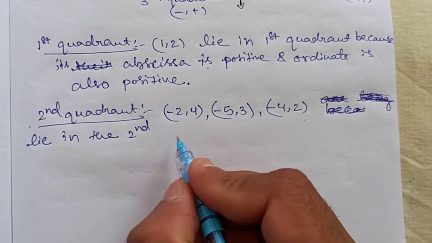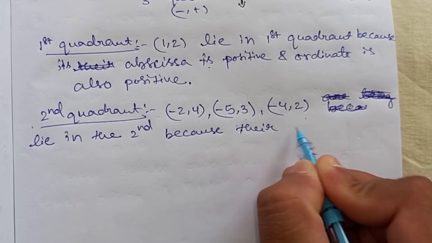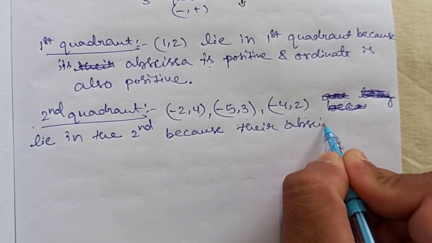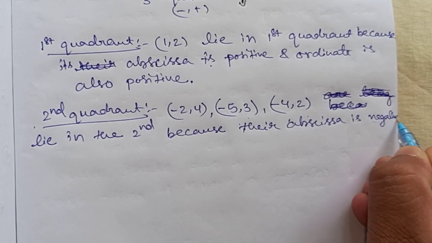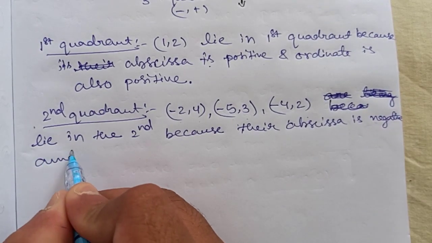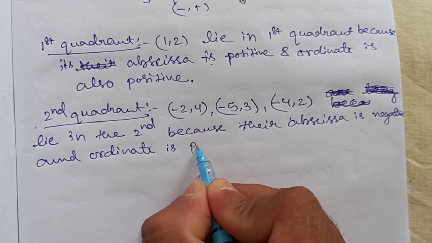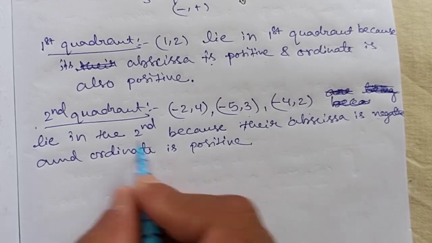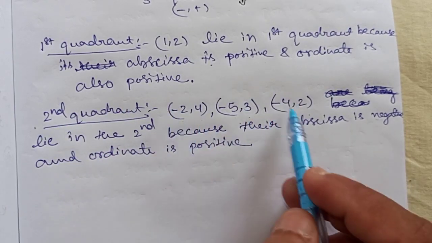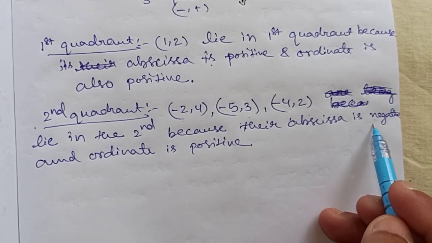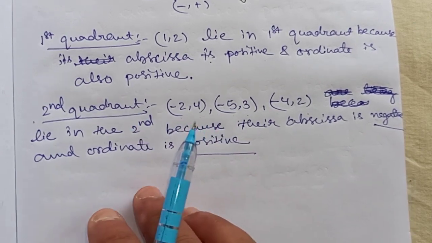They lie in the second quadrant because their abscissa is negative and their ordinate is positive. Okay, so these points lie in the second quadrant because their abscissa is negative and their ordinates are positive. That's why they lie in the second quadrant.